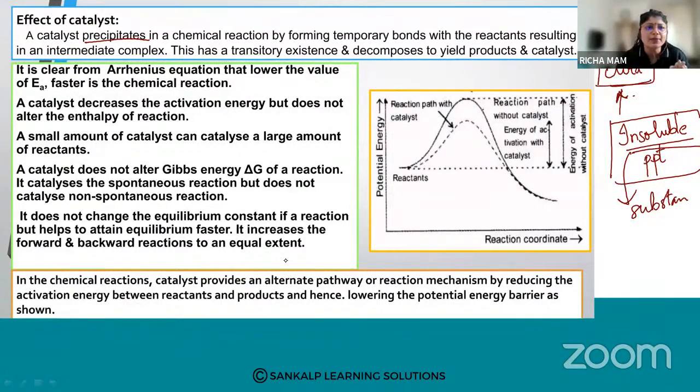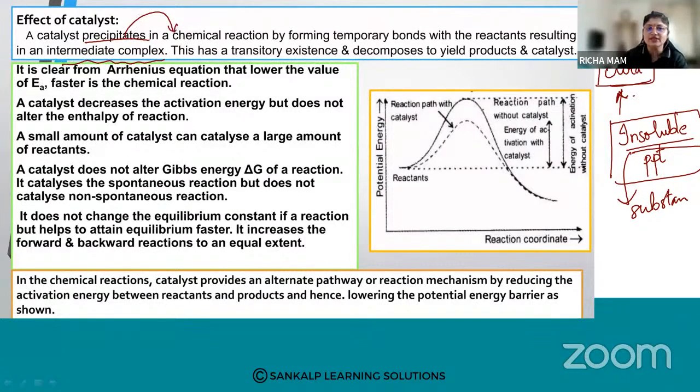So what does precipitate mean? The catalyst precipitates in a chemical reaction by forming temporary bonds with the reactant, resulting in an intermediate complex. So it will get mixed with that.